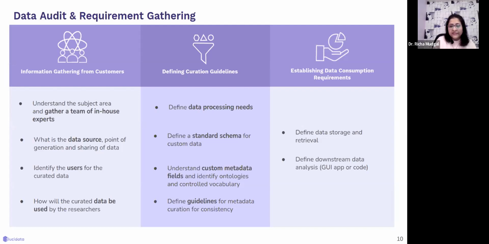Another important thing is to understand the metadata fields that they have generated. Whenever they're running custom bioassays, they would define specific tissue types, which would be more important for them.